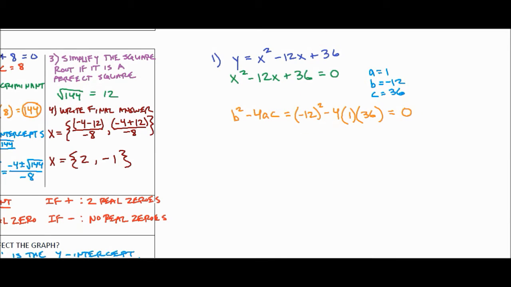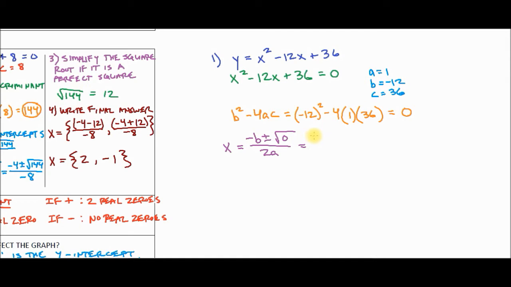Alright, next step is, let's go ahead and write our x-intercept values. Our x-intercepts are going to be equal to negative b plus or minus the square root of, well, we've already found our discriminant. It's going to be 0, over 2a. Now take a look at our b value. B is negative 12.